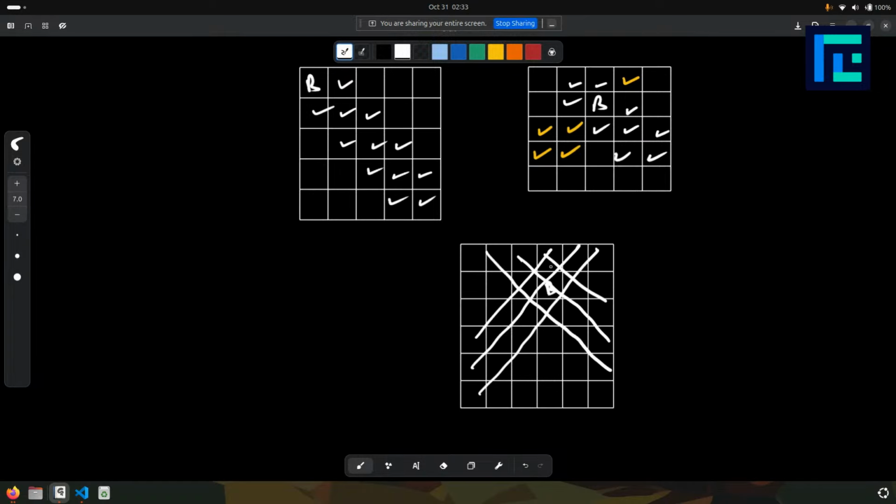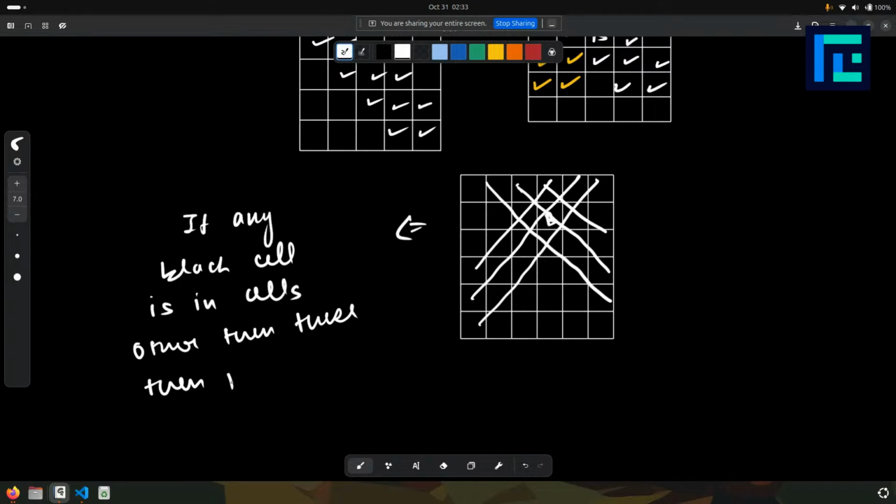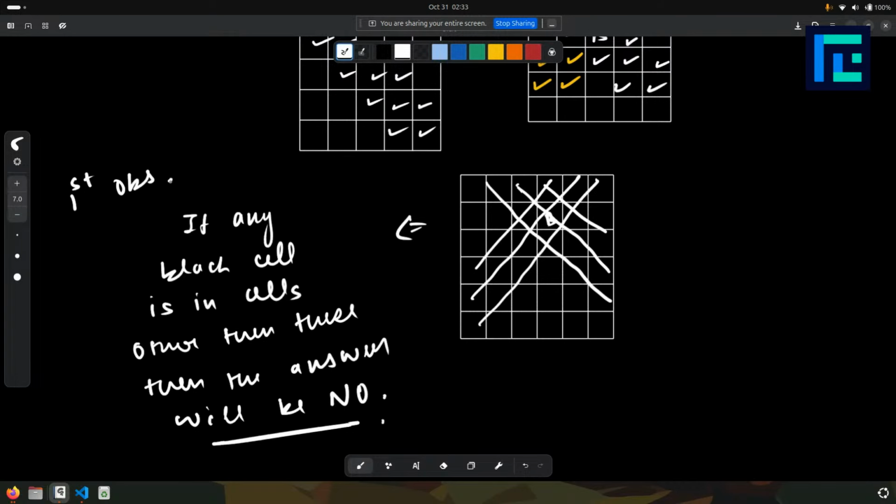So if any black cell is in cells other than these diagonals, then the answer will be no. So this is our first observation. We have narrowed down the problem a little bit.